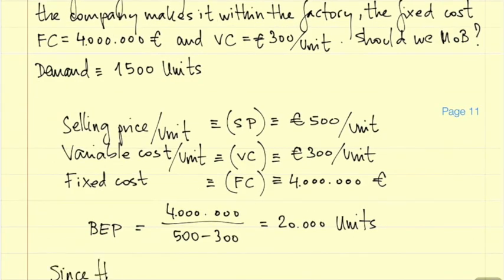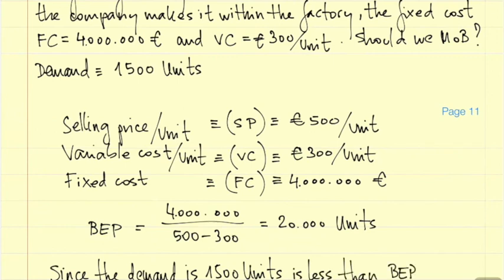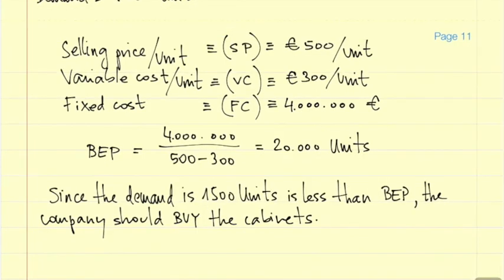Since the demand, 1,500 units, is less than BEP, the company should buy the cabinets, because if I produce them, I am making a loss. Okay.